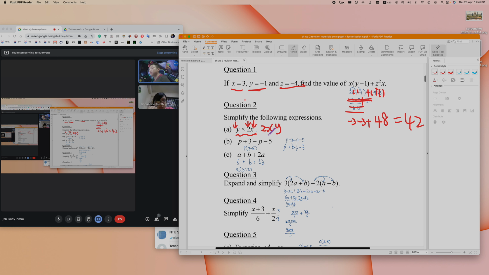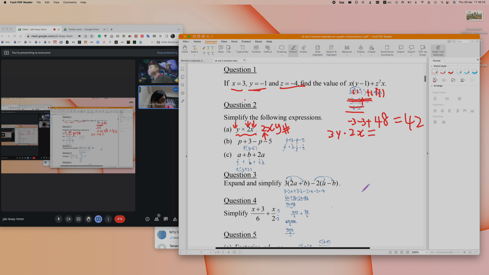So let's say if I give you 3y times 2x, what do you get? Is it too small for you? Is it bigger? Better for you?